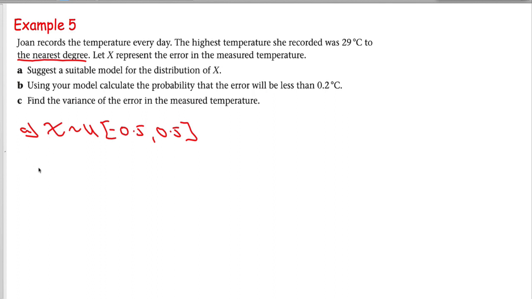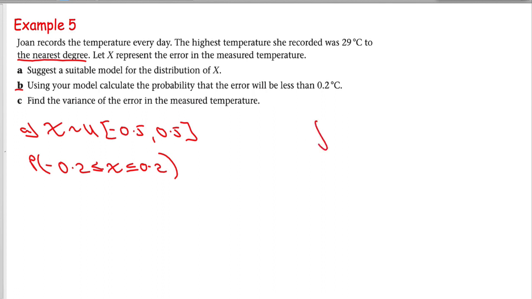So that is part A. Part B, using your model, calculate the probability that the error will be less than 0.2 degrees. So what I want is the error has to be less than 0.2 degrees. So I want the probability that it's between minus 0.2 and 0.2. Now, in order to do that, we need to work out the model.